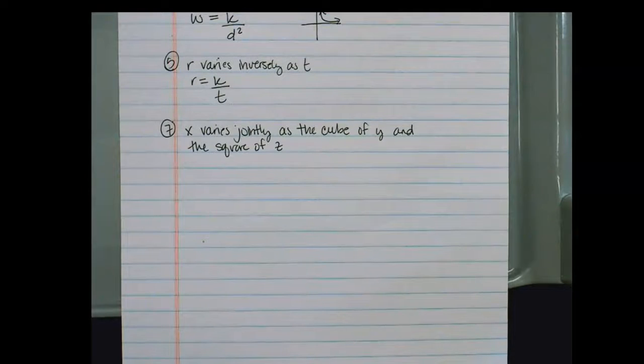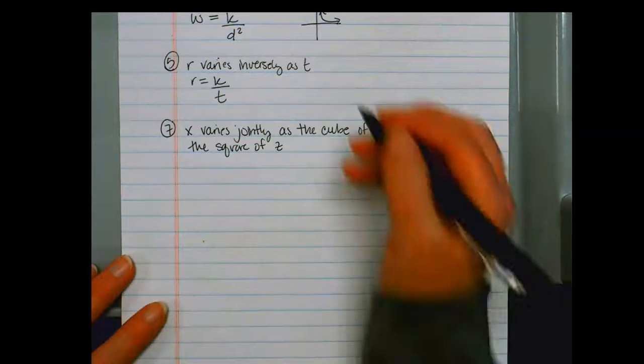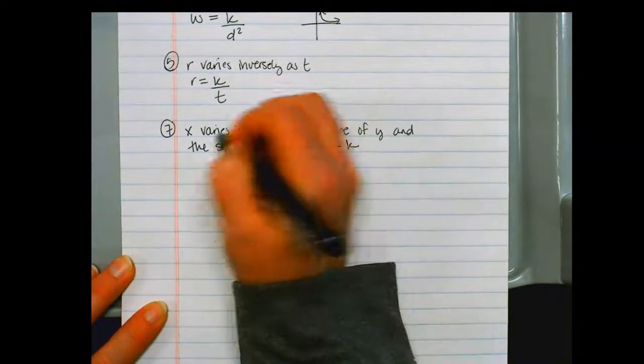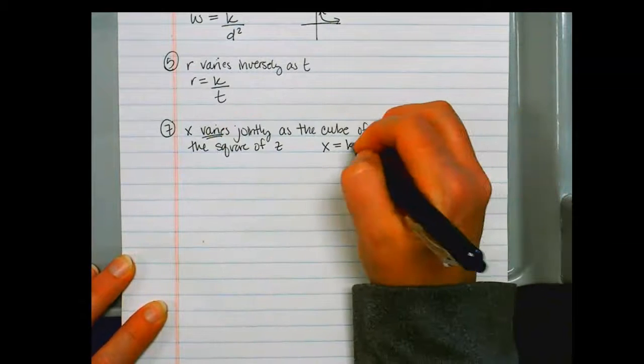For 7, it says x varies jointly. That means there's 2 things. As the cube of y and the square of z. There's no inversely in this problem at all, so nothing goes in the denominator. X varies jointly equals k. So the varies is the part that says equals k.